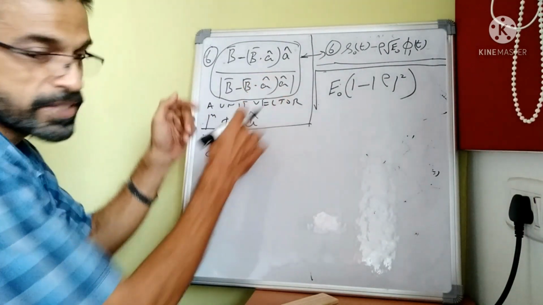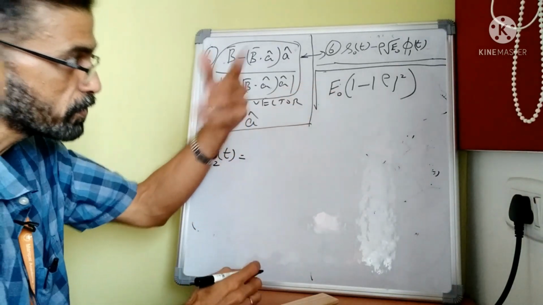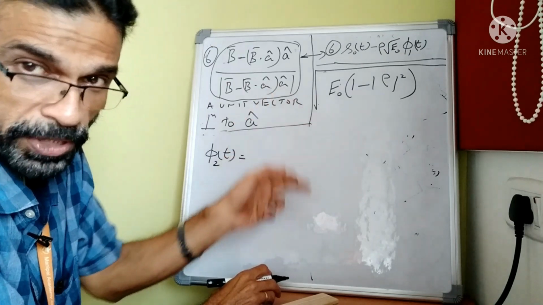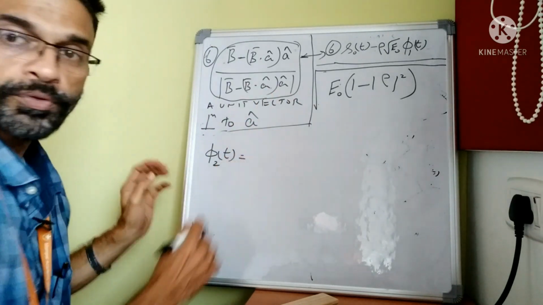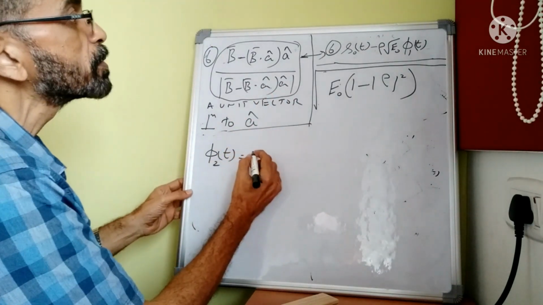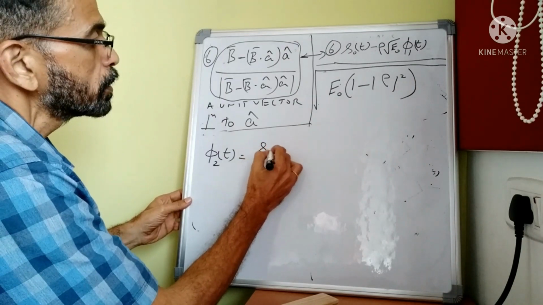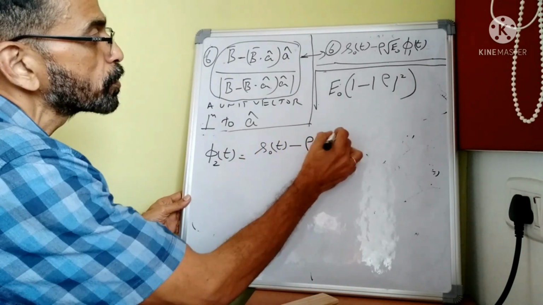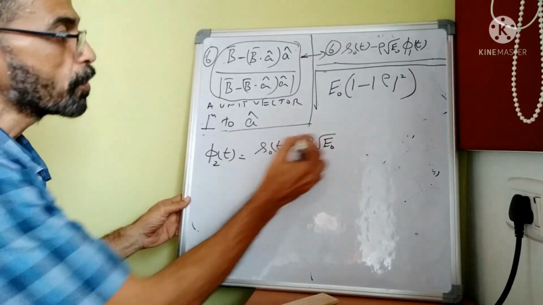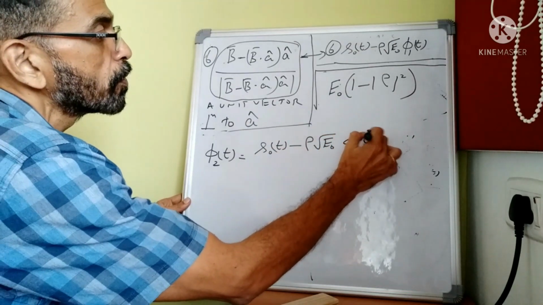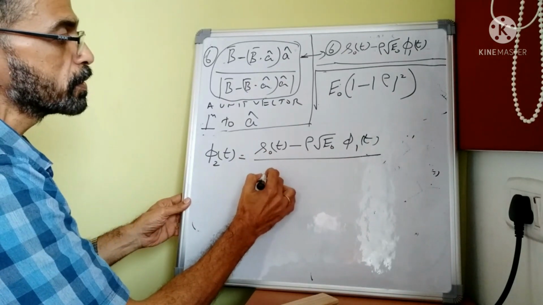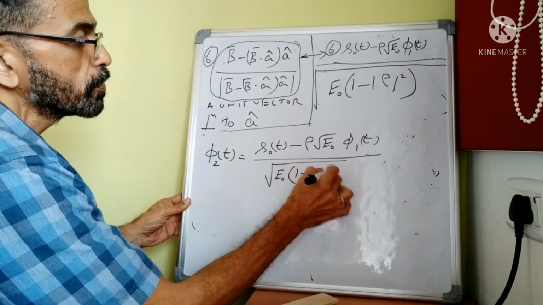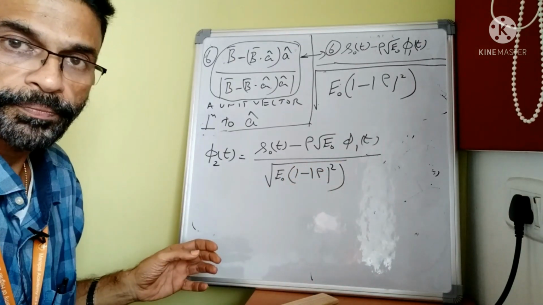Just as we had this as the second entry, the first entry is phi 1(t), which we have already found to be s1(t) divided by the square root of its energy. So phi 2(t) will be equal to s naught(t) minus rho root E naught phi 1(t), divided by the square root of E naught times 1 minus rho squared.